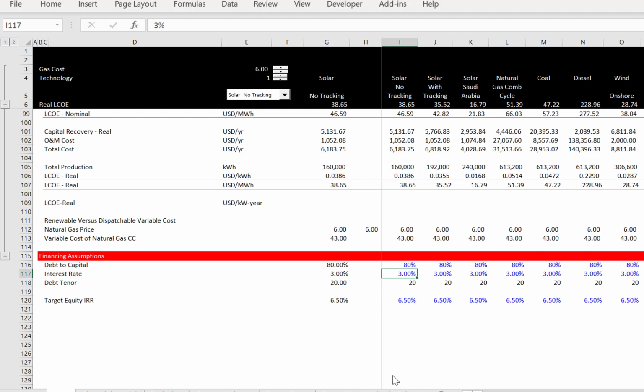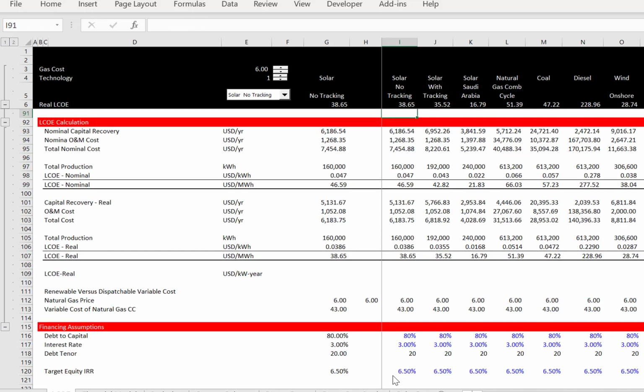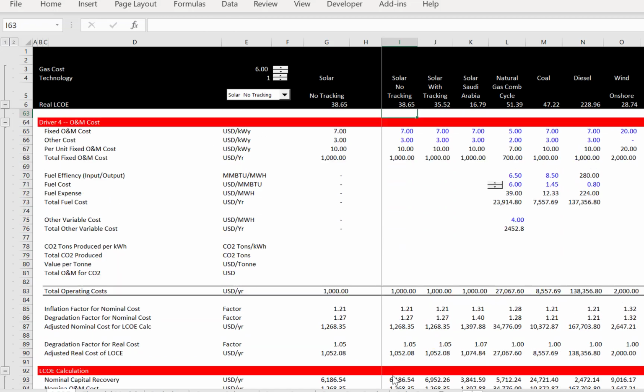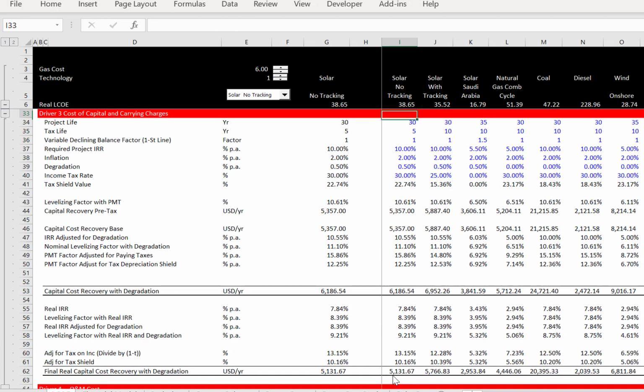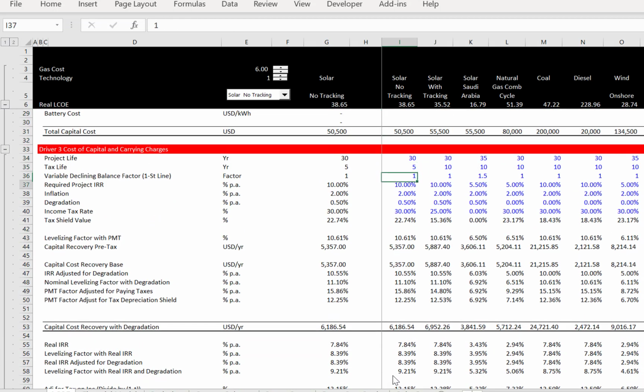When you do your LCOE analysis, when you compute your target IRR, you could do it using one method, and your required IRR could be an after-tax weighted average cost of capital, meaning you'd have to put the debt cost in after tax, and you just use the IRR.